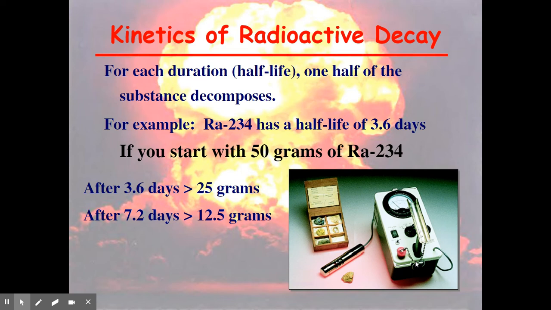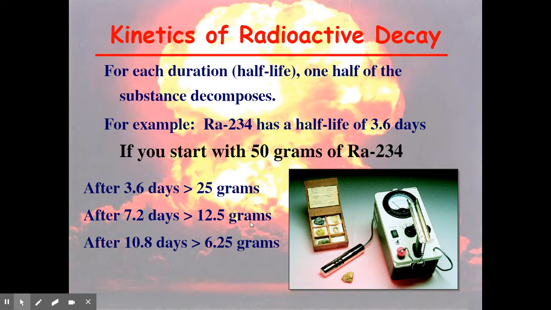So you can go another half-life period. You're going to add 3.6 to 7.2, so you get 10.8. So after a total of 10.8 days, or 3.6 days from the 7.2, you're going to have half of 12.5 grams. Half of 12.5 grams is 6.25 grams. You can go another half-life, and you can keep doing this.